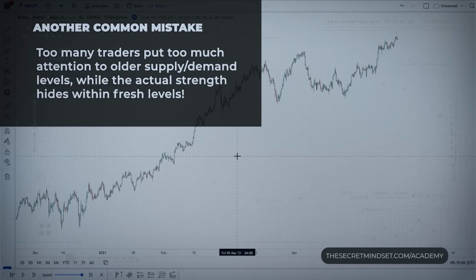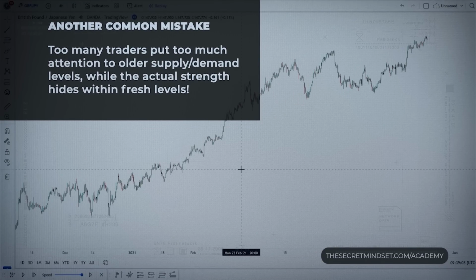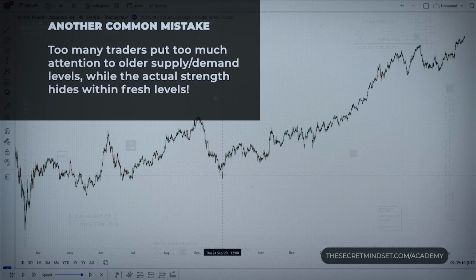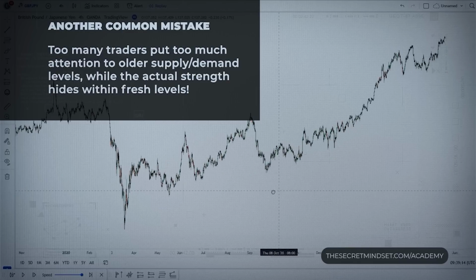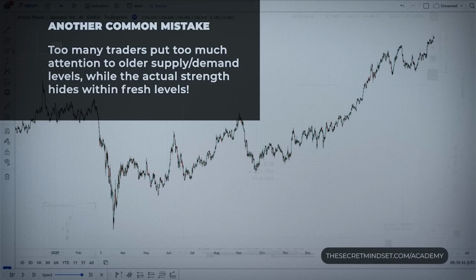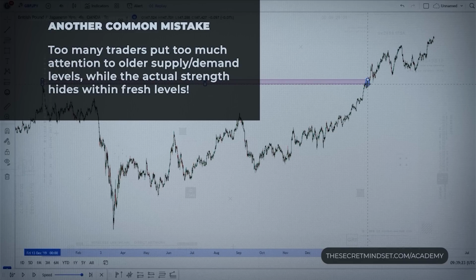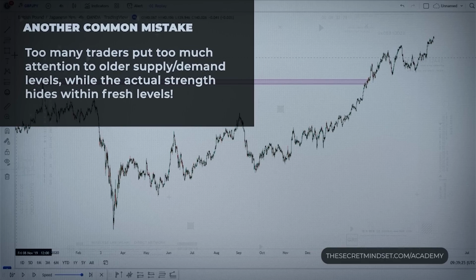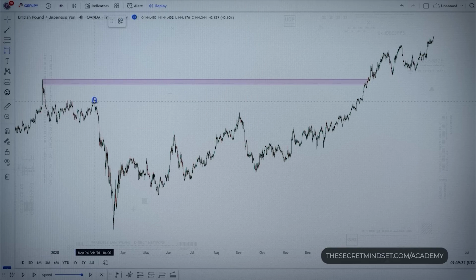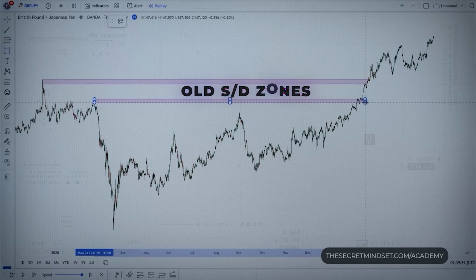Too many traders put too much attention to older supply and demand levels, while the actual strength hides within fresh levels. Some say that old supply and demand zones have the same probability of causing a reversal as new zones. They say that old zones perform the same as the new zones. There's no difference between them.